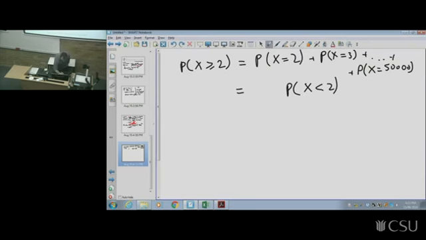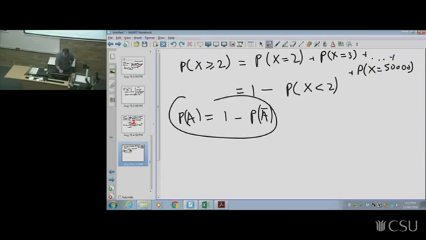The probability of A is 1 minus the probability of the opposite event. That's the general rule. So the probability x is greater or equal to 2 is 1 minus the probability x is less than 2. That's one of the things I mentioned last week. It's really critical here, so that's the result I'm using.